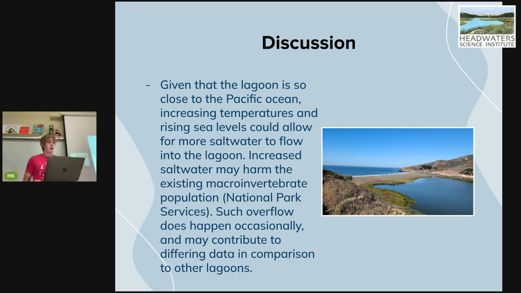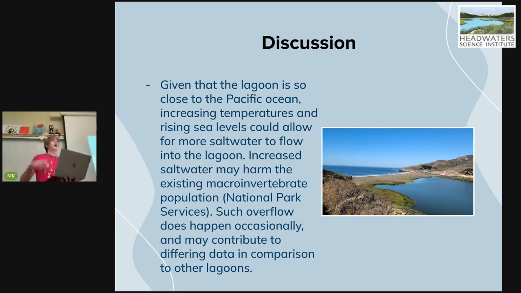And then comparing our data to the biological context of the field site, the lagoon is currently experiencing a lot of algae blooms from cyanobacteria, and that's a process that's increasing right now. This can be caused by runoff and an increase of nitrogen.